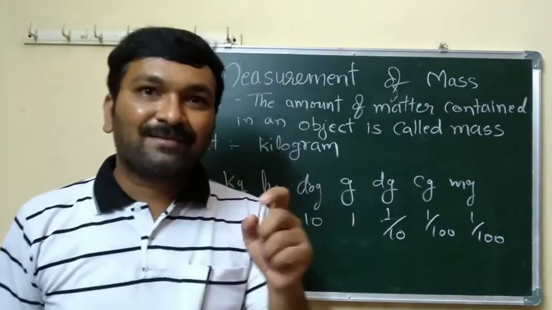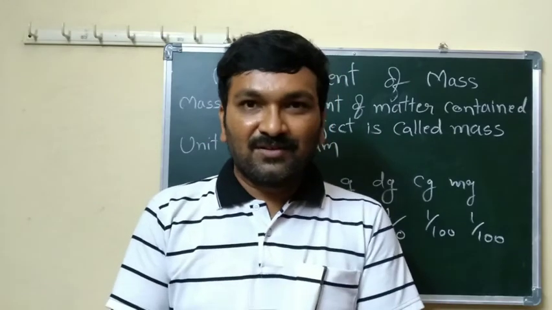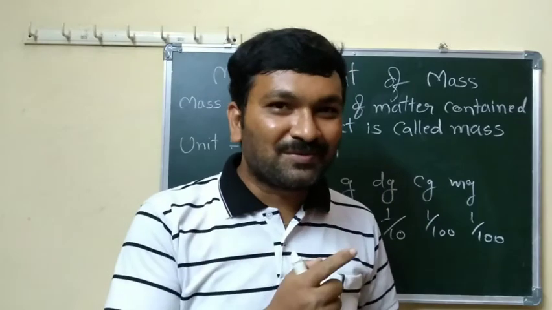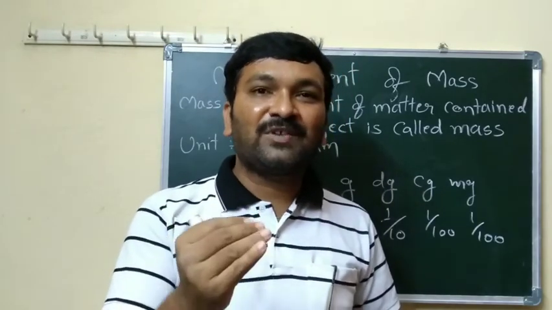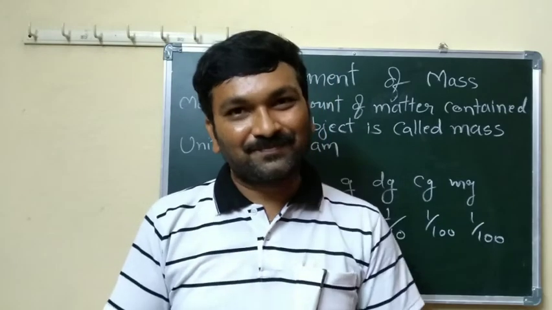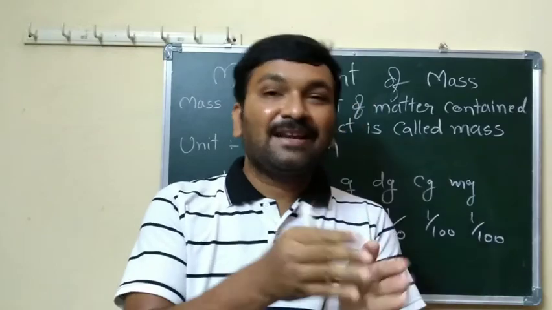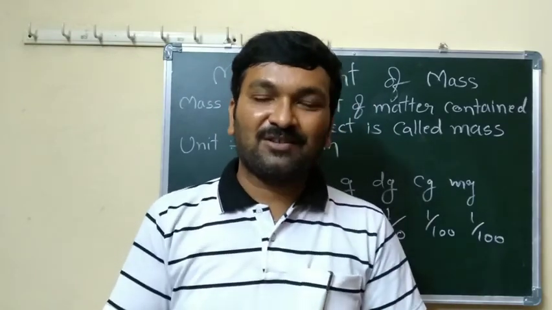Suppose 100 kilos, 100 kgs of rice, we will call with another name. That is for you to find out. And 10 into 100, meaning 1000 kgs, a special name is allotted for 1000 kgs.